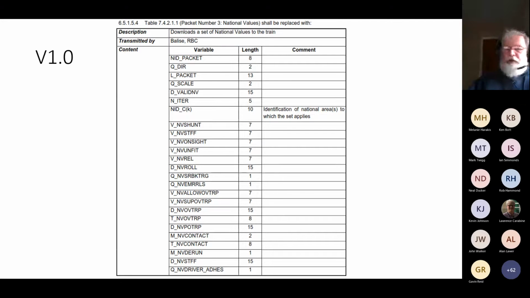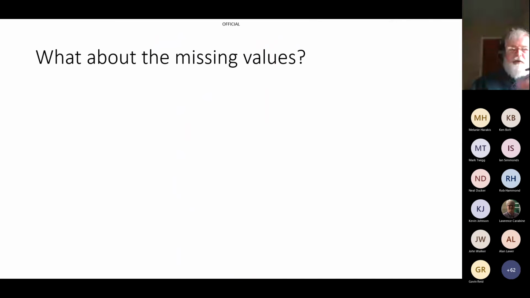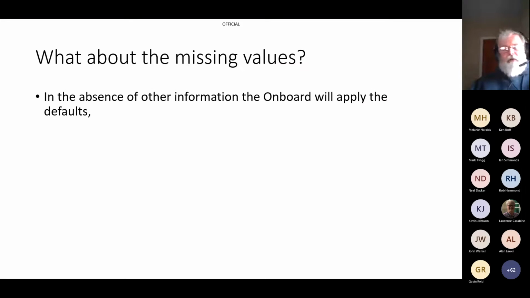Now you'll remember that I'd marked up a whole series of variables with highlighter which aren't included in this version of packet 3. So what do we do about those missing values? Well, in the absence of other information, the onboard can apply defaults or make assumptions about what those variables should be. Those defaults could be defined in the onboard, or they could be defined in the specifications.